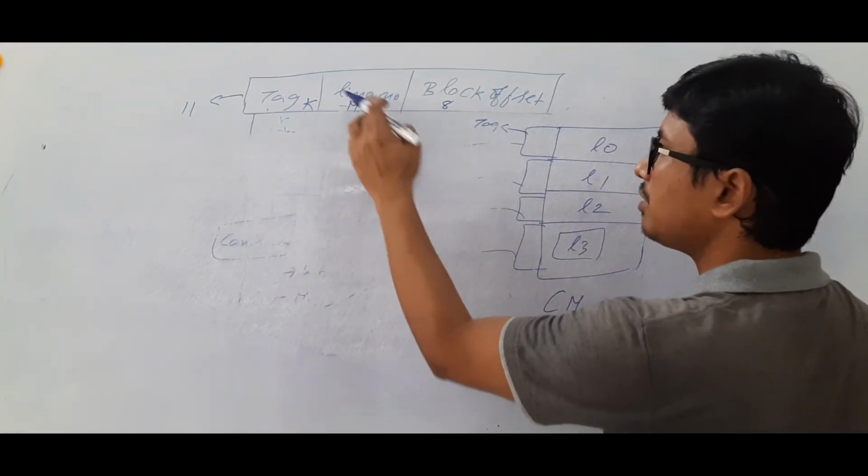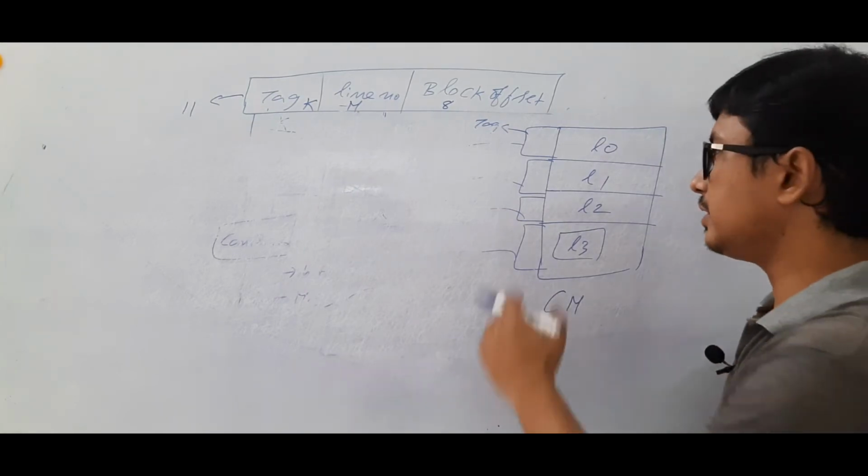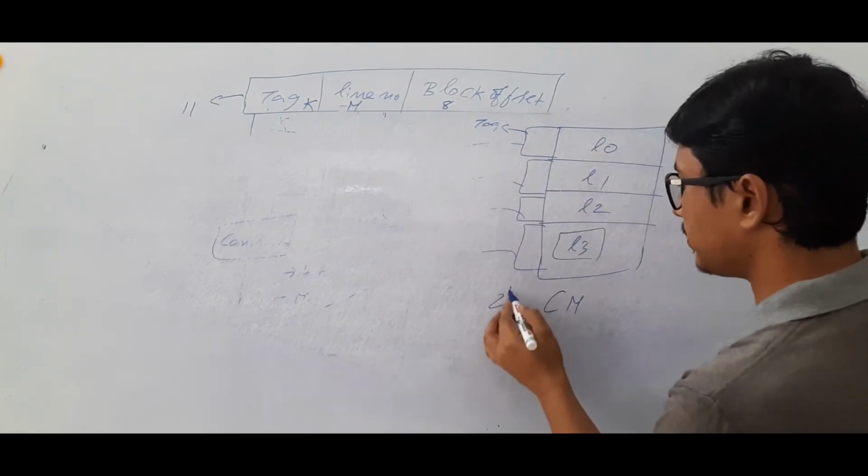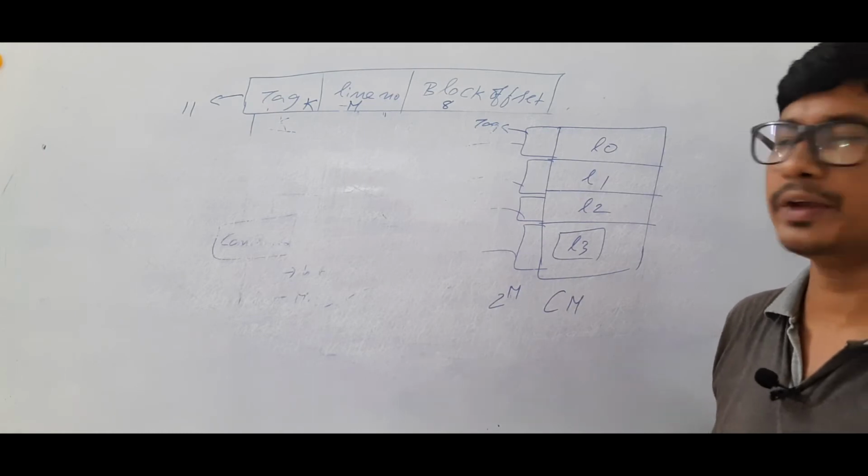Now if you have line bits as m, then the number of lines in the cache memory is equal to 2 power m. Will you agree?